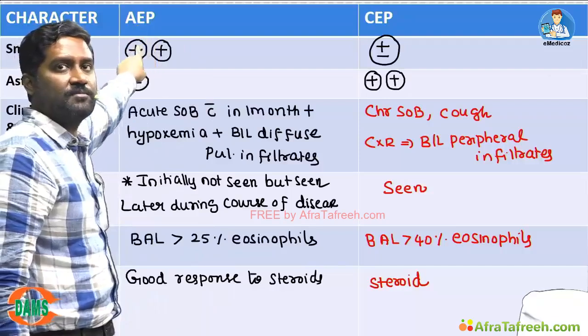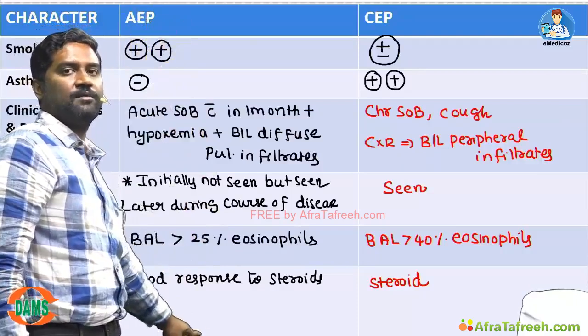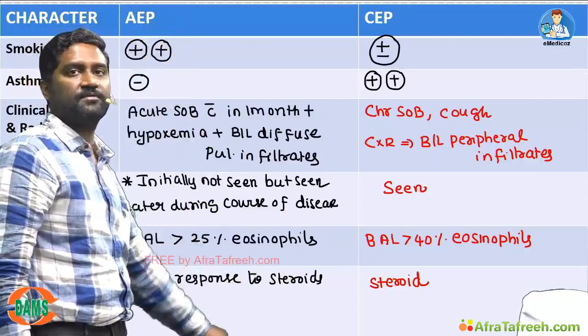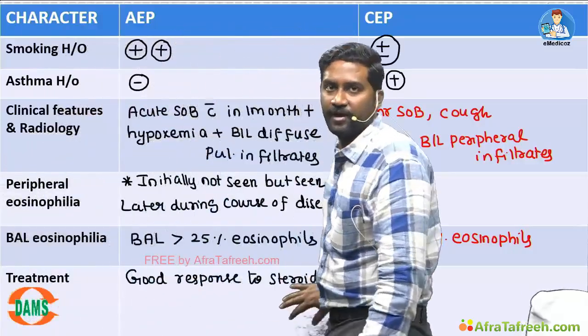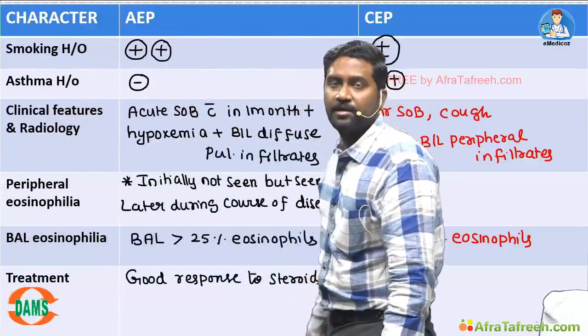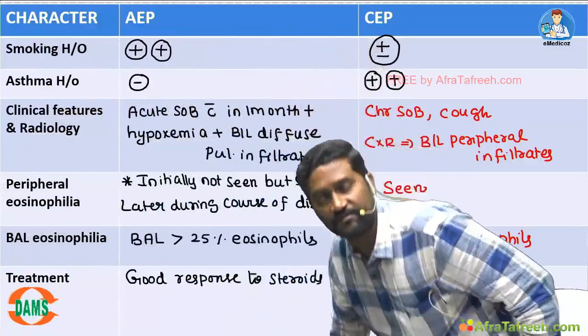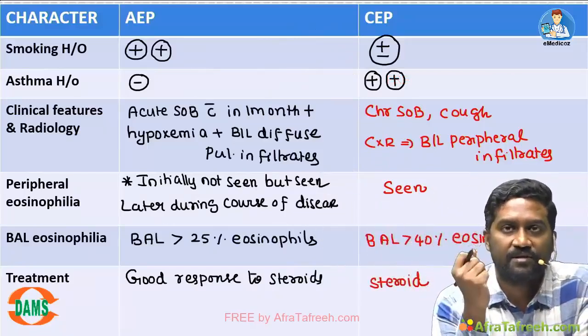Your diagnosis should be acute eosinophilic pneumonia. And what will be the drug of choice? Your answer should be steroids. From now onwards, whenever I mention steroid, it is mostly systemic steroid, tablet or injections, whereas inhaled steroids we generally give in asthma, COPD.